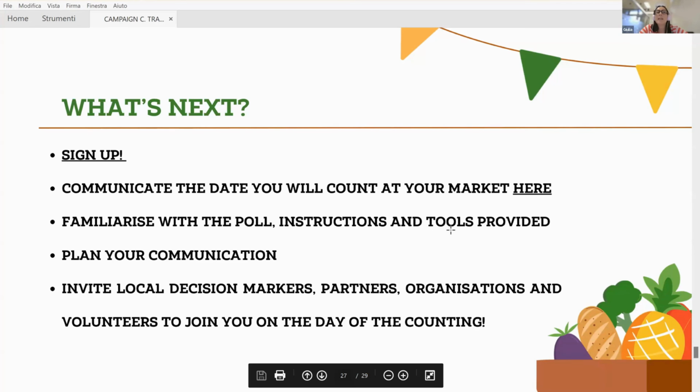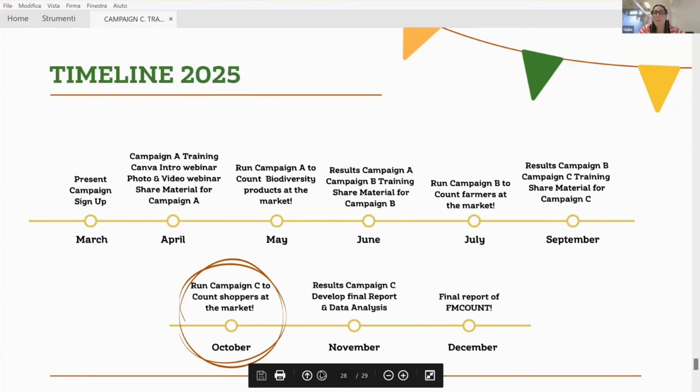And then invite people that count in your market so they can help you spread the word and the message that we all together are trying to spread. And of course, ask some volunteers to join you the day of the count, as you will be busy counting, and the more the merrier. So it will be good to have more people.